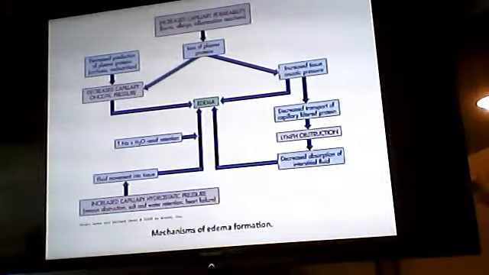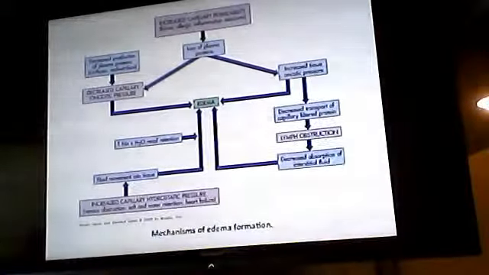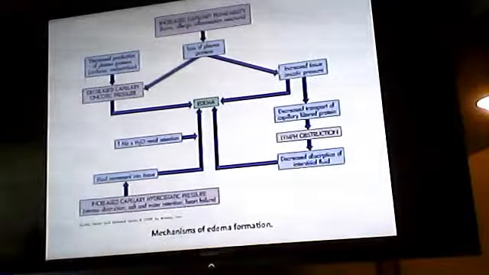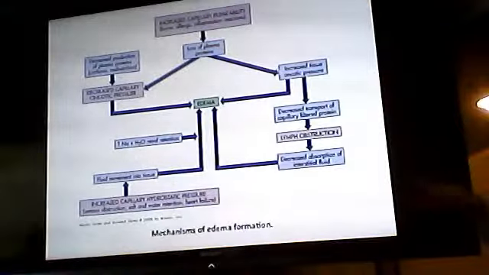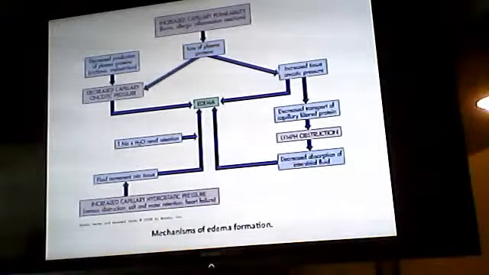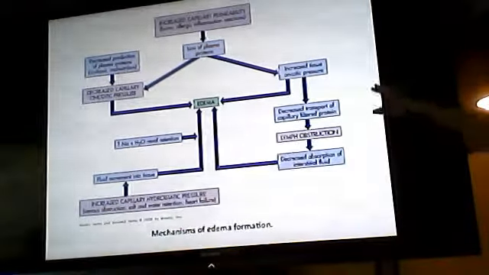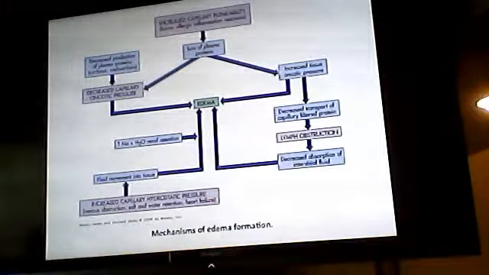You're losing plasma proteins and increasing the oncotic pressure of your tissues, so your tissues want to pull in more fluid, but as they pull in more fluid, that's an increase in fluid, which is by definition edema, okay? When you pull in that extra fluid, you start to have other problems like lymph obstruction. Too much fluid causes other problems, okay?